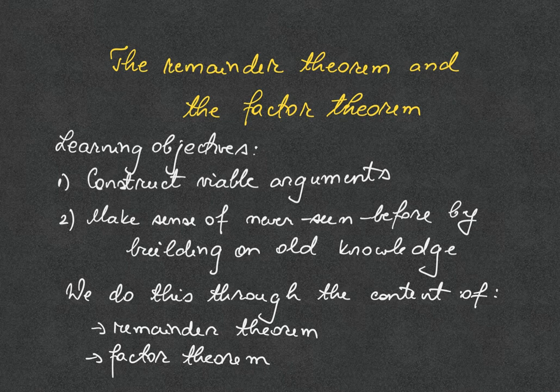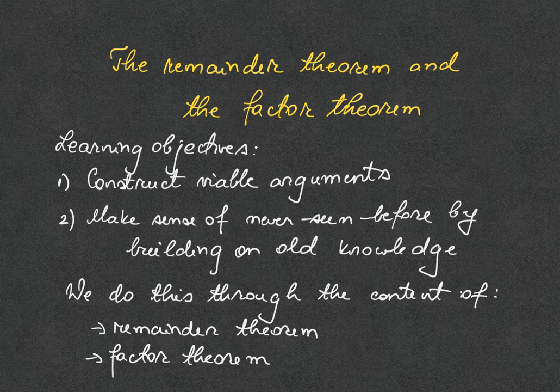Hello everyone. So we will continue from the division of polynomials lesson that we started last time. This lesson is one of my favorite because what we are going to do are actually transferable skills.